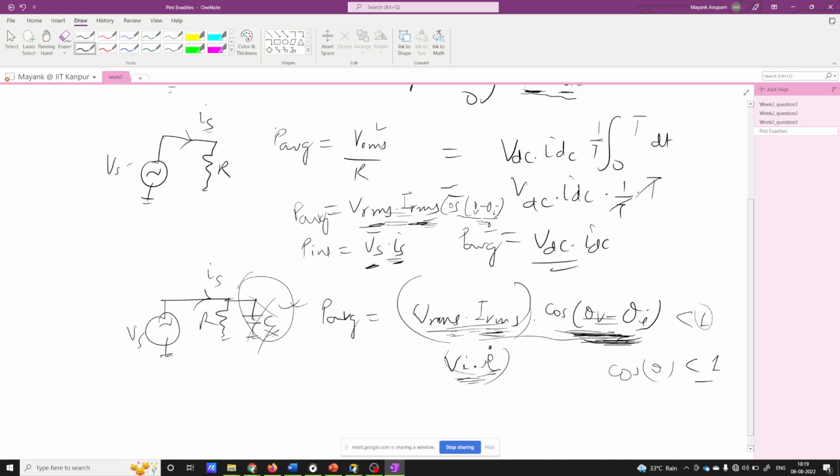So this less-than-1 term multiplies with Vrms times Irms, which makes this whole quantity less than Vrms times Irms. So what I mean to say is that the whole power that will be dissipated in your circuit will be less than the power that would have been dissipated if this capacitor was not present here. Are you getting my point now?